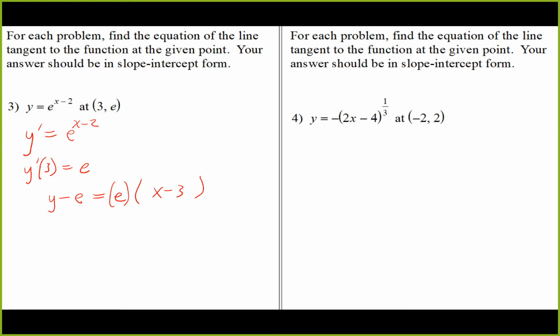Okay, so let's go ahead and distribute first, and then we can add e to both sides. And what will we end up with? ex minus 3e plus e, so minus 2e. Awesome. ex minus 2e. Okay, and that's slope-intercept form, so we can leave it right there.